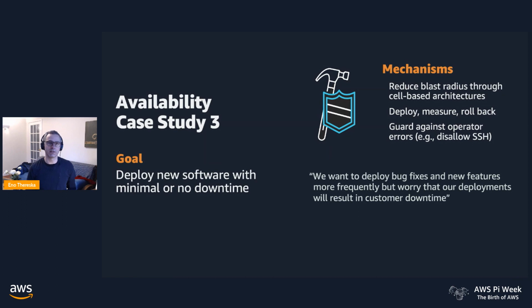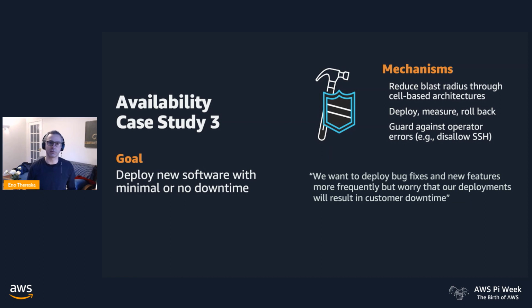What are some of the mechanisms we used in S3 for this? Well, we talked about how you can reduce the blast radius through a cell-based architecture. So perhaps whenever you're designing your own software updates, you can think about splitting your resources in cells and updating them one at a time. We use this technique of deploying, measuring, and then rolling back if there is anything wrong, and not attempting any diagnosis whenever there is a problem.